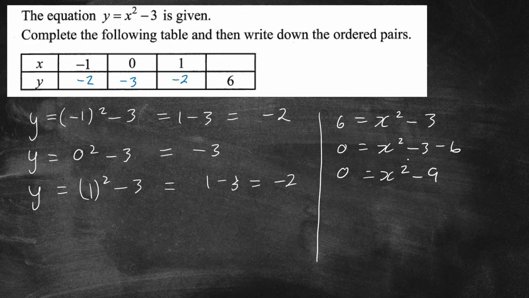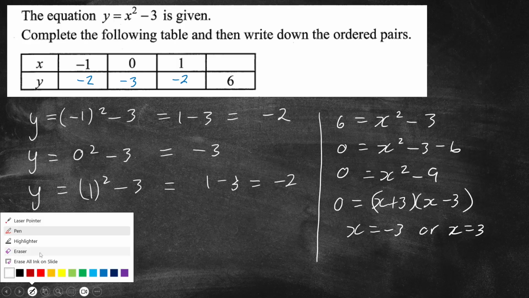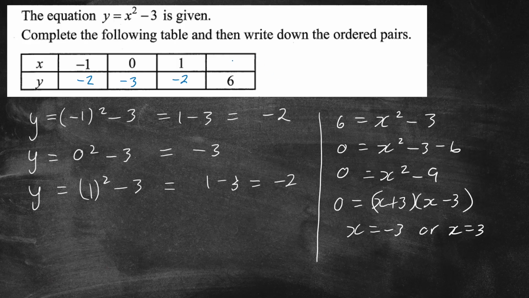So this is a difference of squares, so 0 equals x plus 3, x minus 3, and then x is equal to minus 3 or x equals 3. Now which one do we choose? In a table we normally put them in order, so it's more likely that this would be 3 on the right hand side. If we had a 6 on this side, it would be minus 3 over here. Okay, and that's it.